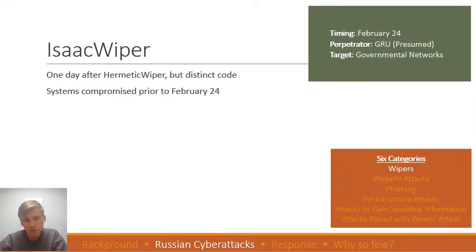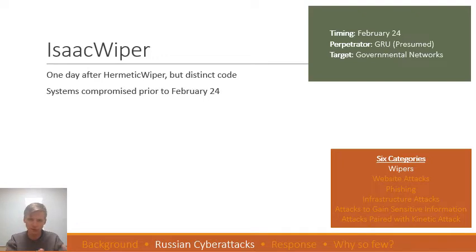The third wiper happened on February 24th, so the day of the invasion, called Isaac Wiper. It didn't work very well. On February 25th, the attackers basically released a new version of it with debug logs because it wasn't working super properly. So this one didn't have that big of an effect, and it was pretty similar to Hermetic Wiper in terms of how it actually worked.